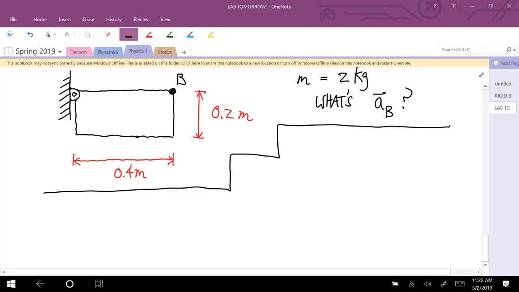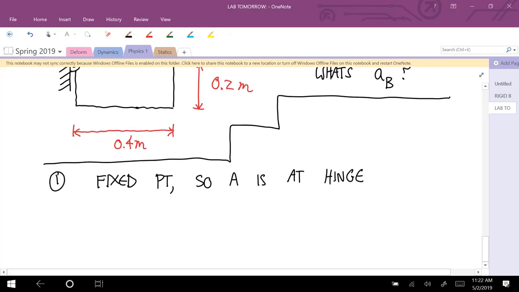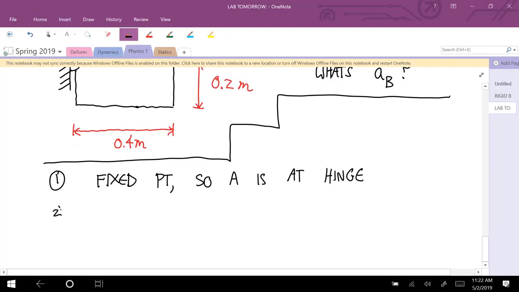Okay, so first of all, step 1, does this have a fixed point? Yeah, so the about point is at the hinge. And next we have to calculate the mass moment of inertia.